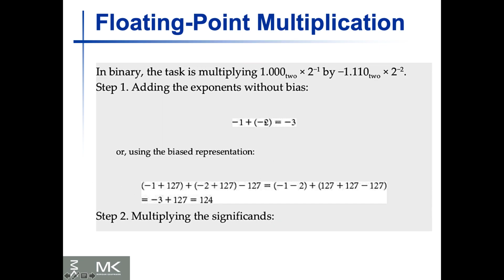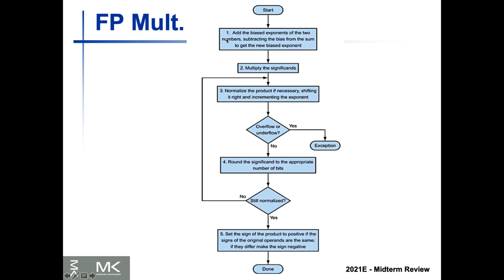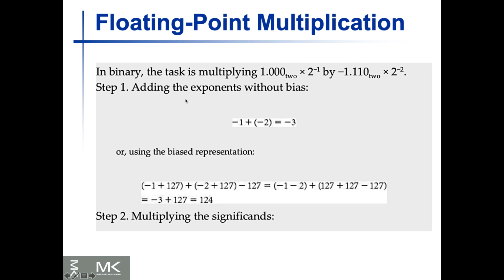So for instance, let's review this again. You were asked to multiply two values in base 2: 1.000 in base 2 multiplied by 2 to the power of minus 1, by minus 1.110 in base 2 multiplied by 2 to the power of minus 2. Following that flowchart, first we have to add the exponents without bias.